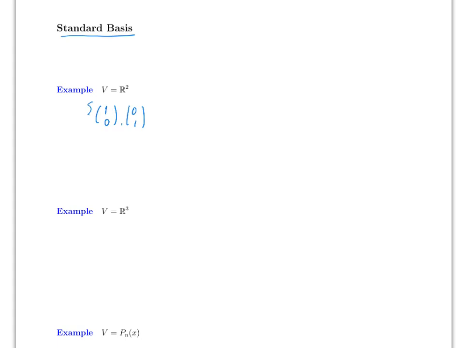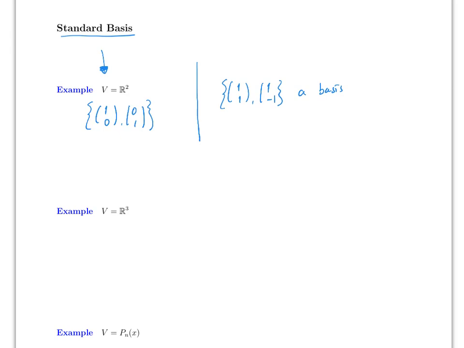So this is the standard basis. But as you saw in the last examples we did, 1, 1 and 1, negative 1 was also a basis. So you can have multiple bases, but this is the standard one. And standard usually means the most simplistic one.